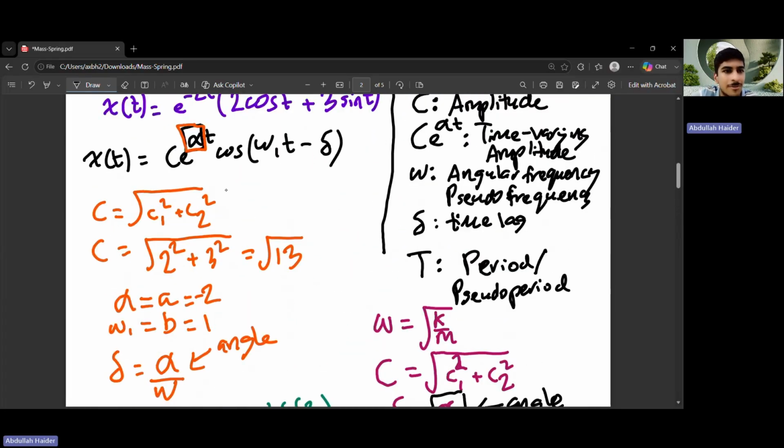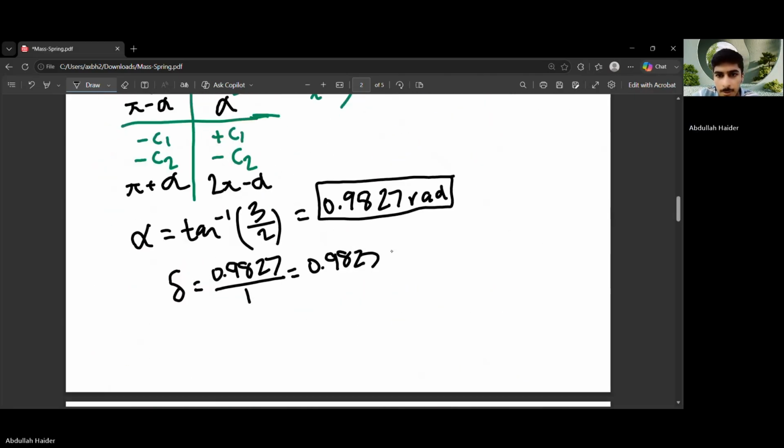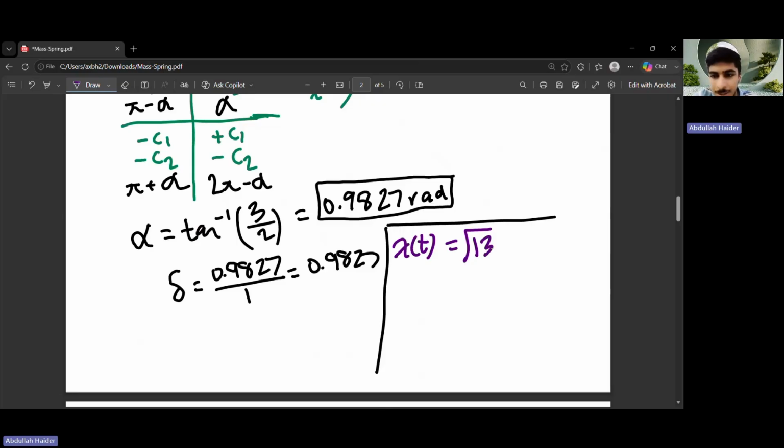So now we have found everything we need to put in this equation. So our x of t is c, which is radical 13, e power minus alpha t, cosine omega, which was 1, t minus the time lag.